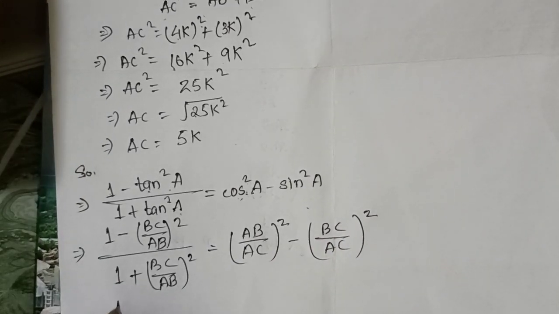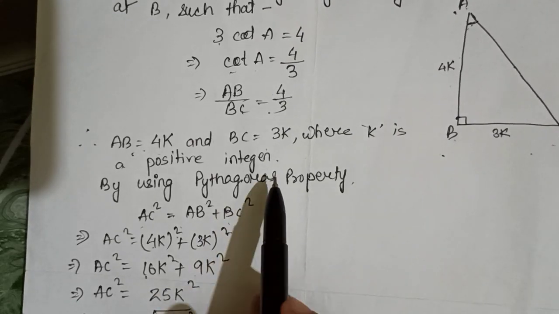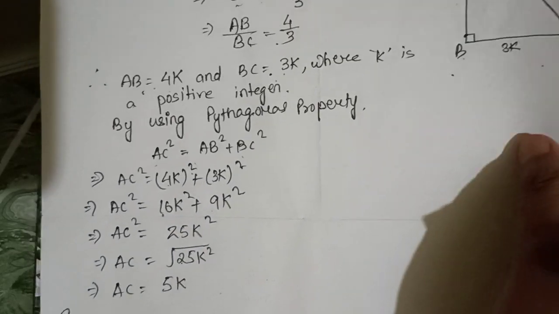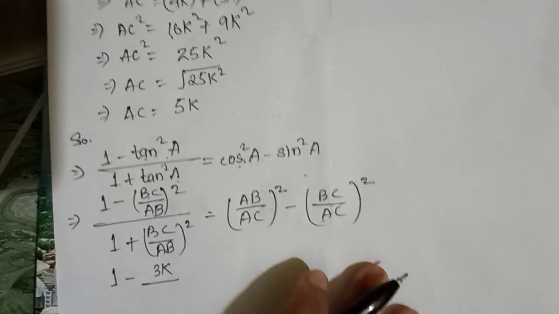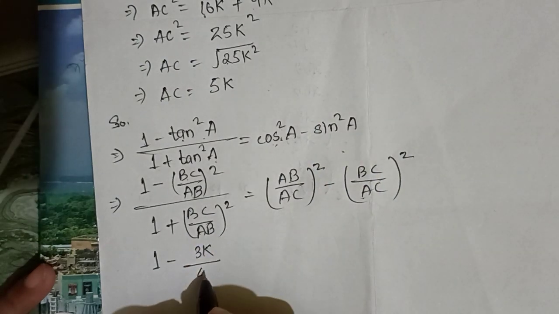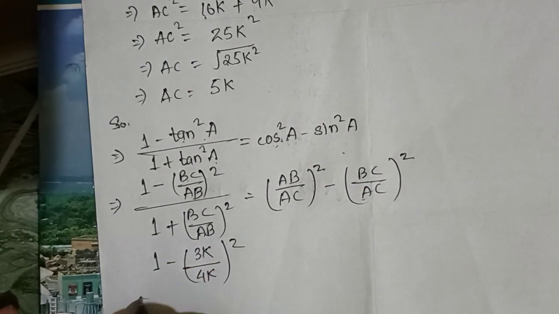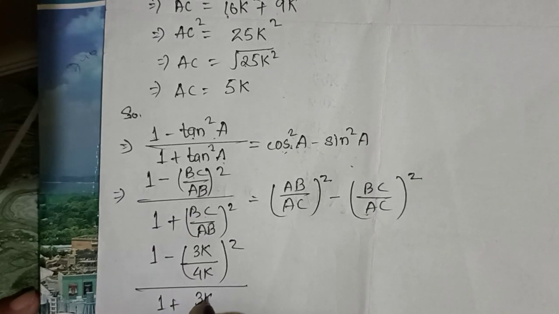Now we will put the values: 1 minus BC. BC we have here, it is 3K. AB also we have here 4K. So 4K whole square, divided by 1 plus, here also we have again BC 3K, AB we have 4K whole square.